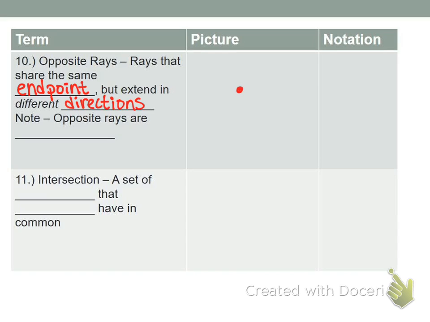So let's say we've got endpoint C, and we extend it out one way towards point B, and we extend it out the opposite way towards point A. What do these opposite rays actually look like? A line. Opposite rays are a line.